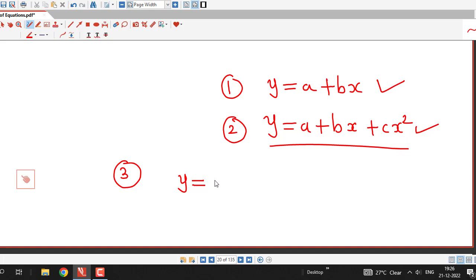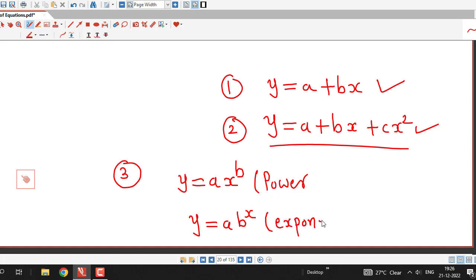We are familiar with the power function. We know that if I write y equal to a times x raised to b, then this function is called a power function, and if we write y equal to a times b raised to x, then this is called an exponential function.